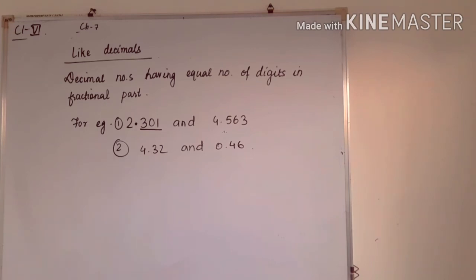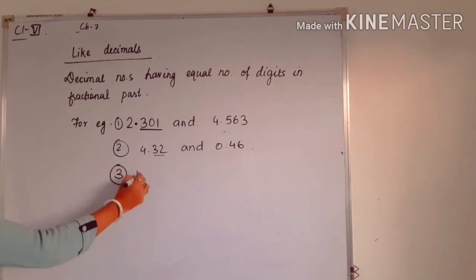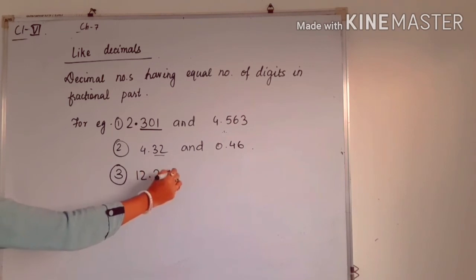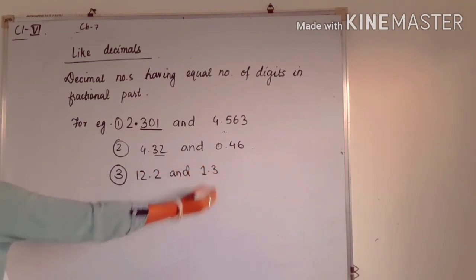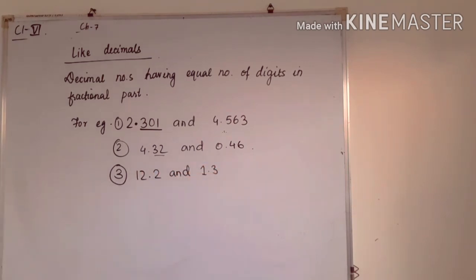They are like decimals because after the decimal point they have an equal number of digits. One more example: 12.2 and 1.3. They are also like decimals, because after the decimal point the number of digits is 1. So what will be unlike decimals? Suppose 12.2 and 4.32. They are unlike because after the decimal point, here the number of digits is 1 and here it is 2.